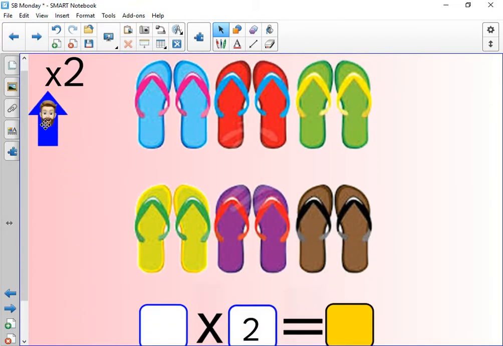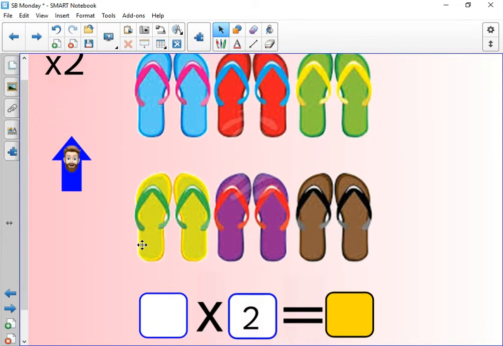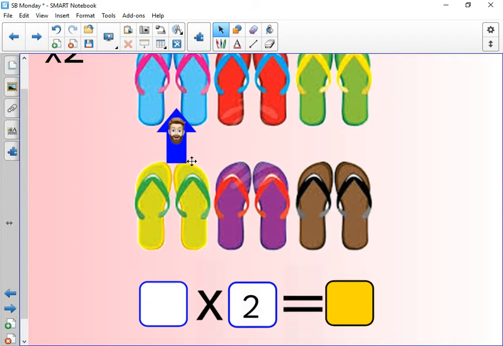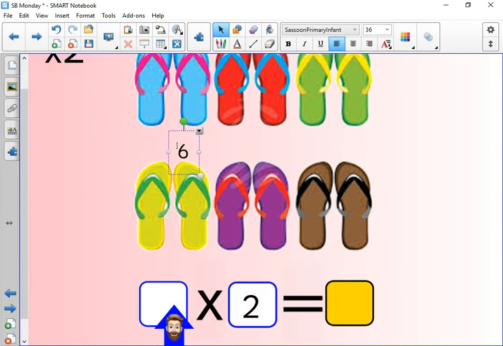One more times 2 example. Got some summer flip-flop shoes here, and I can see that they're grouped in twos, in pairs of shoes. How many groups have I got? 1, 2, 3, 4, 5, 6. I've got 6 groups.